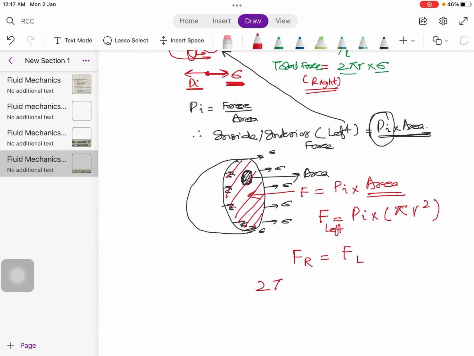The force towards right is 2 pi r times the surface tension sigma, equals the inside pressure times pi times radius squared.